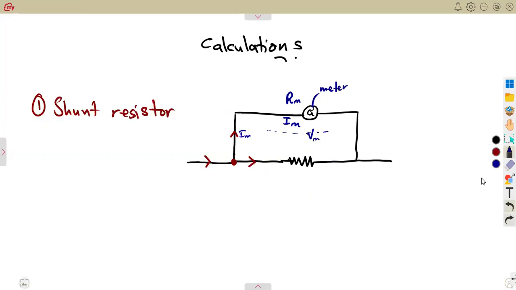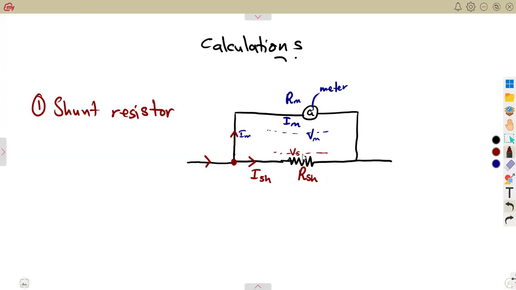On the shunt connected resistor that we have, we are going to have the current flowing across, which is the shunt current, through the shunt resistance. So a current and a resistance will give us a voltage across.